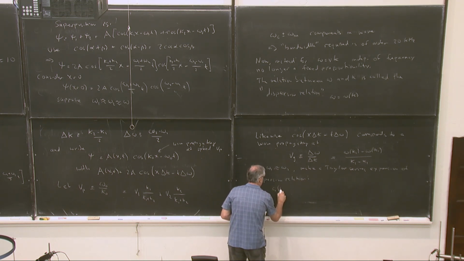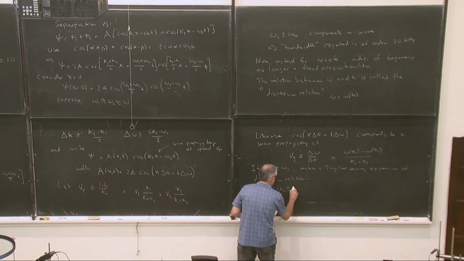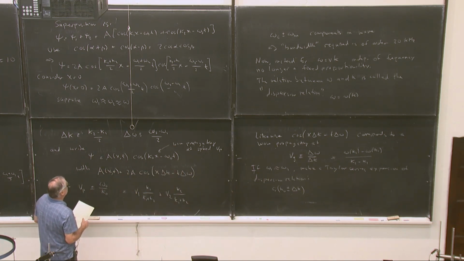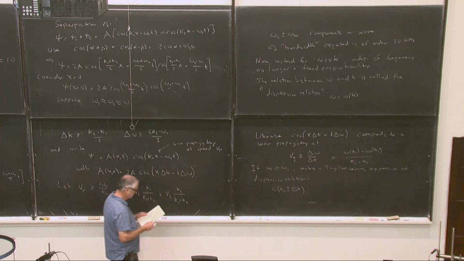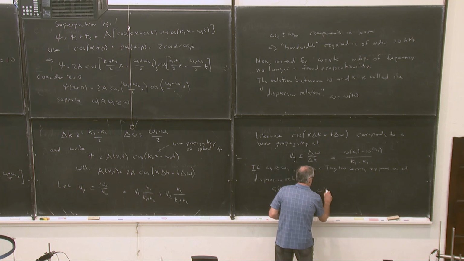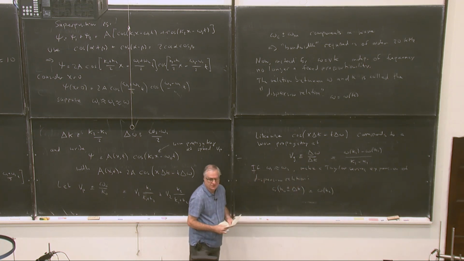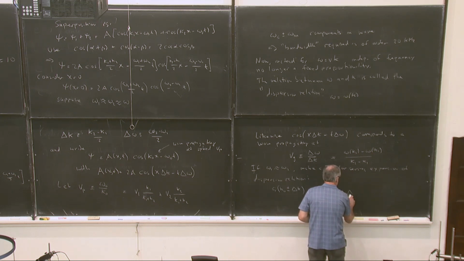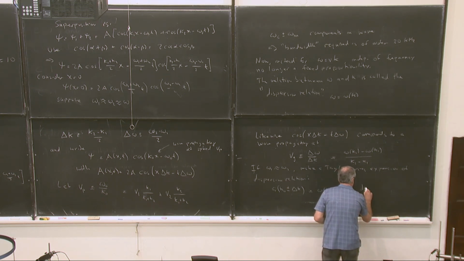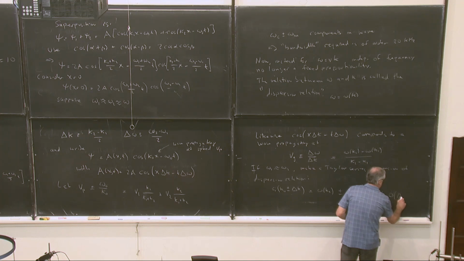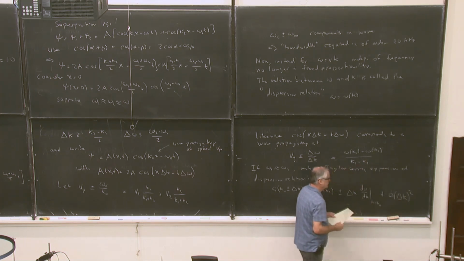So omega of k0 plus or minus delta k, those are the two frequencies that we started with, is equal to, we'll expand about k equals k0, plus or minus delta k times d omega by dk evaluated at k equal to k0, plus order delta k squared.